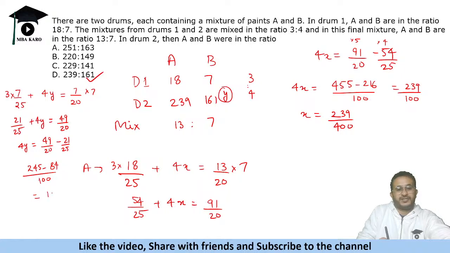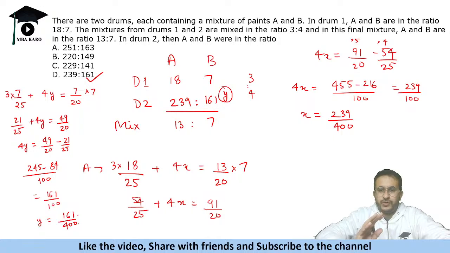So ये आ जाएगा आपका 161 by 100 और y is equal to 161 by 400. So y is 161 parts, x is, like, first is 239 parts. So a ratio b is 239 by 161. So you can use for either variable. You do not have to calculate for both. ठीक है, किसी भी एक के लिए निकाल सकते हो. That is the conventional method.